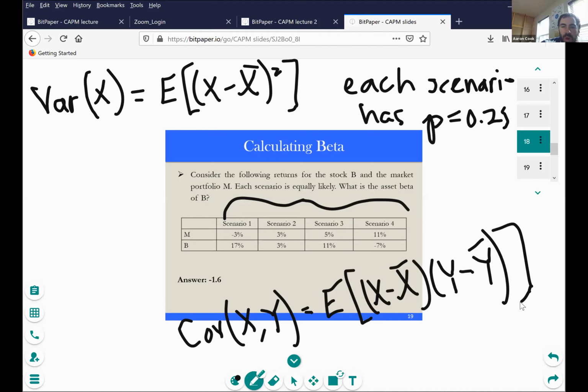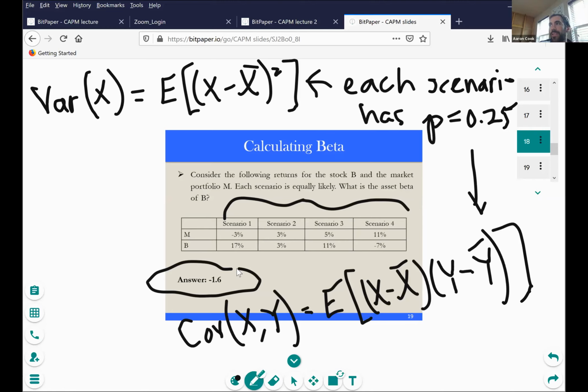If we remember those equations, and that the probability for each of these scenarios is 0.25, we can use that to compute the covariance of the market along with stock B. We divide that by the variance of the market, and we get the beta, and it turns out that this beta is negative 1.6.